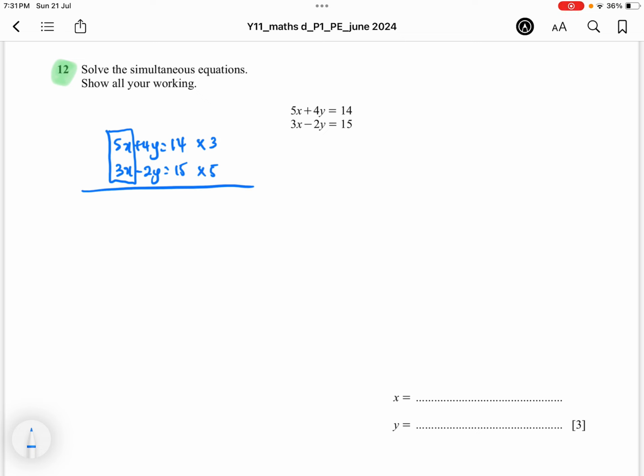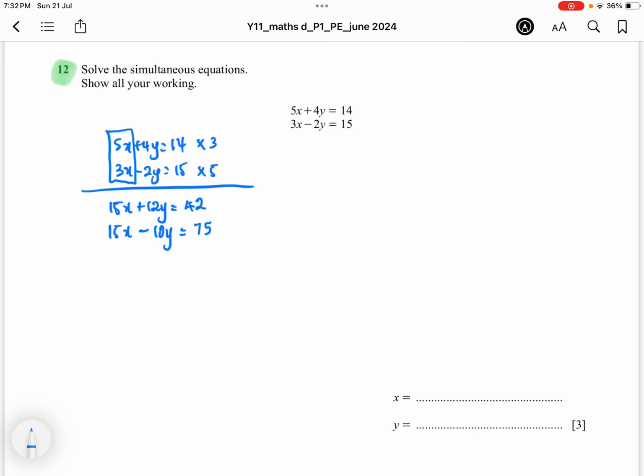What happens is 5x becomes 15x, 4y becomes 12y, and 14 times 3 becomes 42. And the next equation, 3x becomes 15x, minus 2y becomes minus 10y, and 15 times 5 becomes 75.